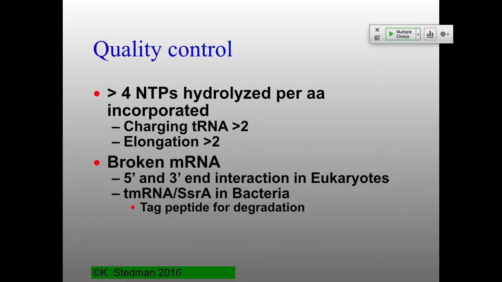So one of the things about translation is, A, it's really slow, again, because of all of these tRNAs which have to associate in the A site. The other thing is it's incredibly energy dependent.